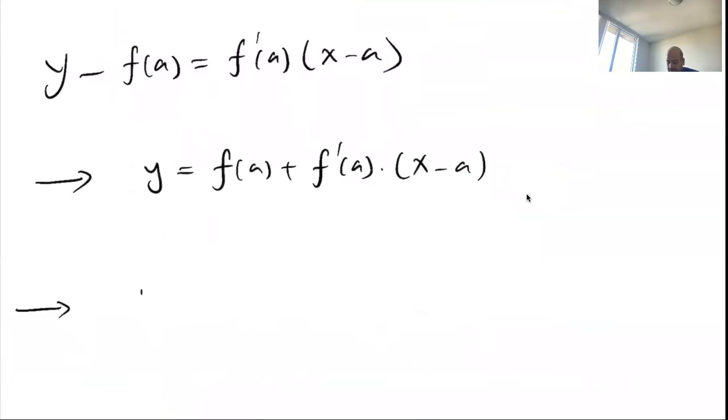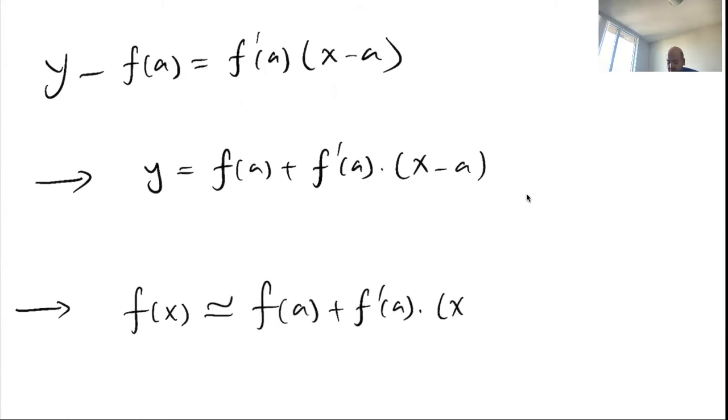So we can conclude that f of x is almost equal to f of a plus f prime of a times x minus a, for x close to a.